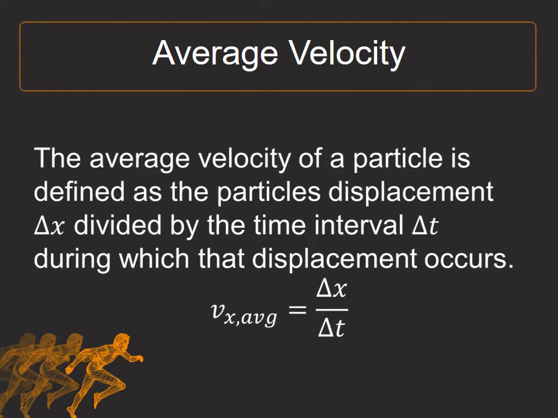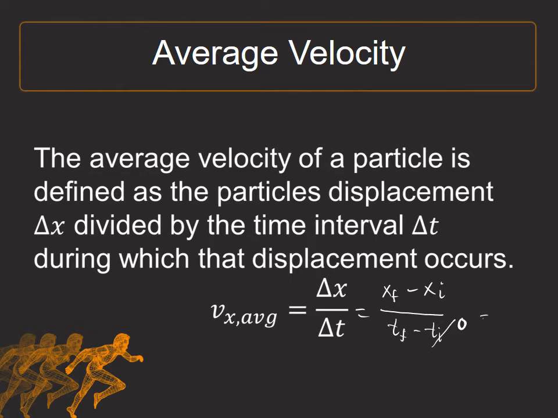More often than not, it is expressed as xf, final position, minus initial position, because this is the definition of delta x or displacement, right? That is our formula, divided by time final minus time initial. Usually, the initial time is zero. So sometimes it is no longer delta t.